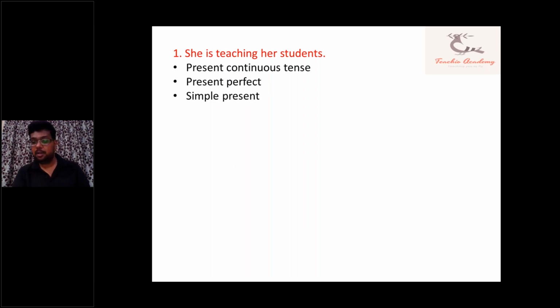Okay, so the sentence is, she is teaching her students, and these are your options. Kindly write in the chat window what your answer should be. She is teaching her students.